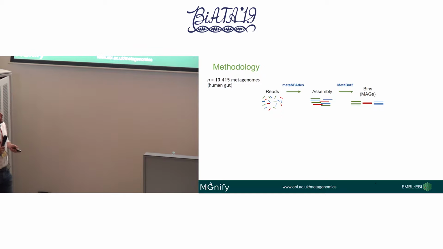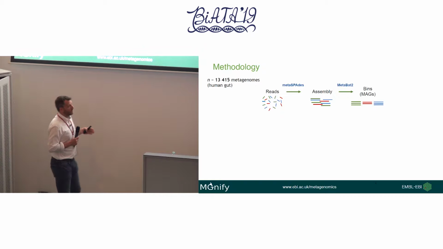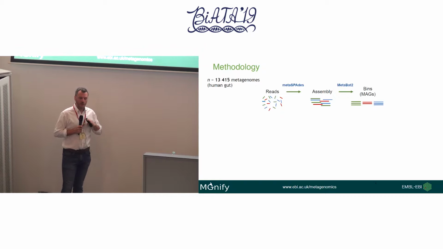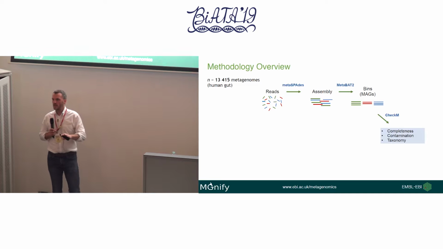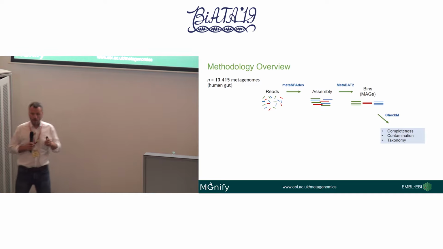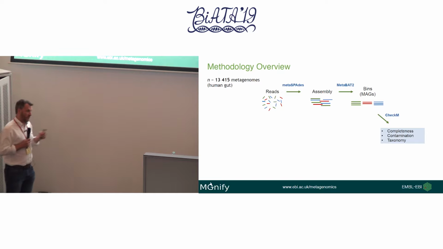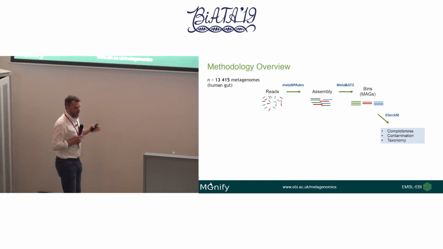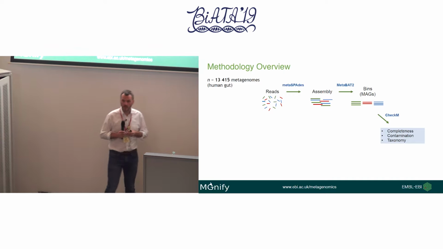So once you've gone through that process, we want to understand how good these are. And we wanted to first of all take a very agnostic way, not look at these genomes, to understand how good these bins are at representing a genome. So there's a tool called CheckM that uses a series of marker genes to assess completeness and contamination.